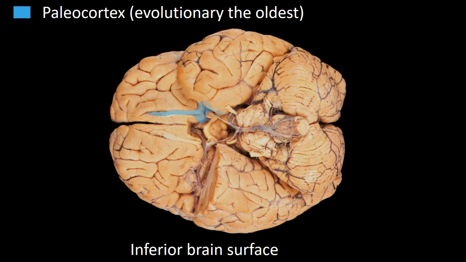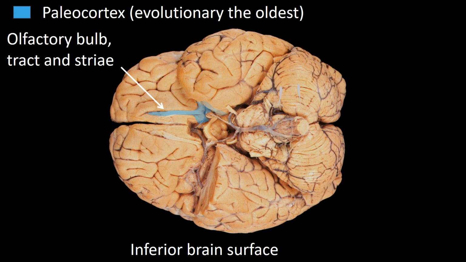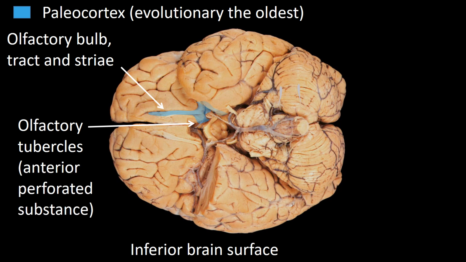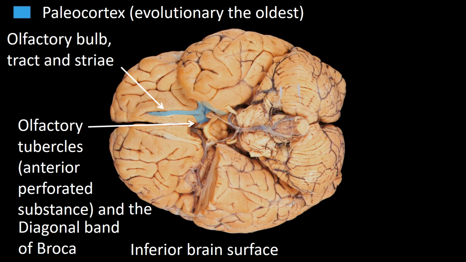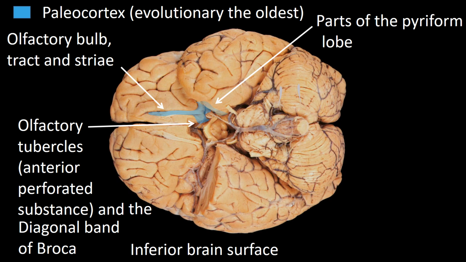This cortex is found at the olfactory bulbs, the olfactory tubercles, which in humans is not superficially seen, but is found in the depth of the anterior perforated substance, and the diagonal band of Broca. The third major component of the paleocortex is constituted by parts of the piriform lobe.